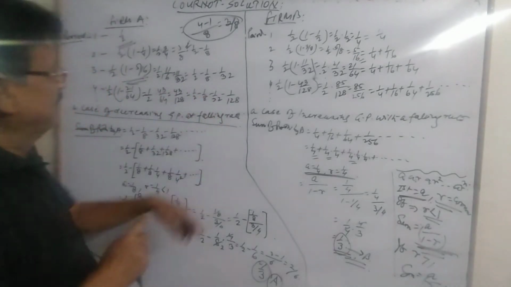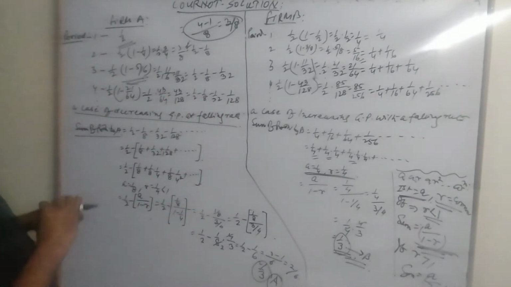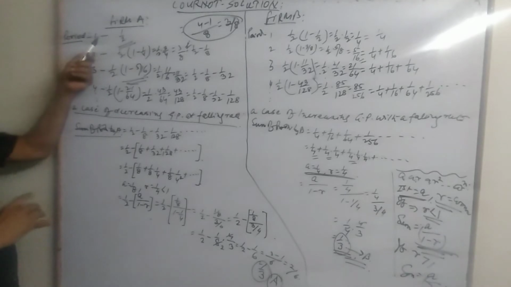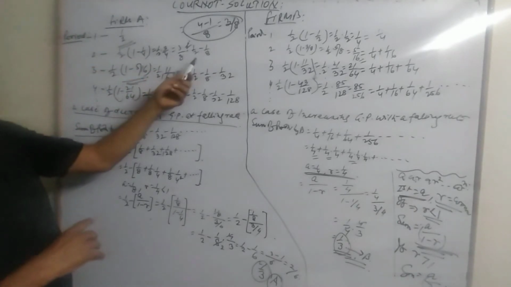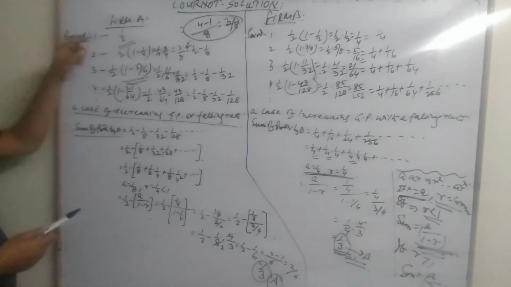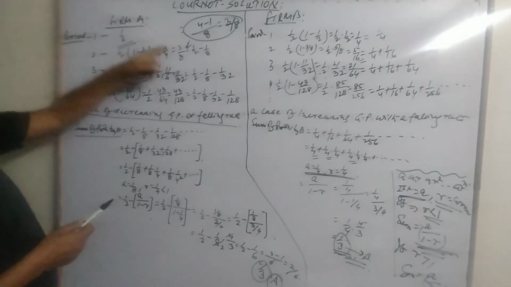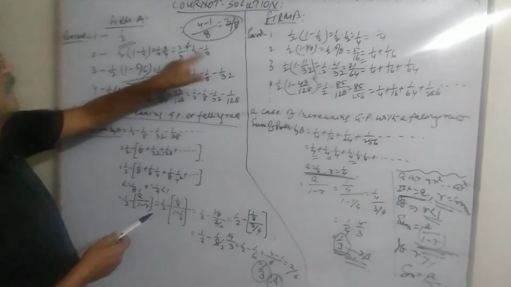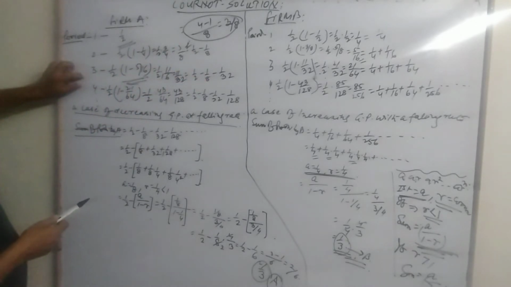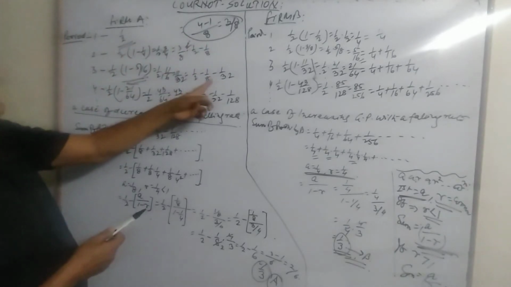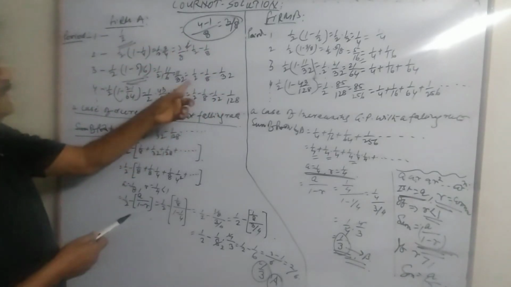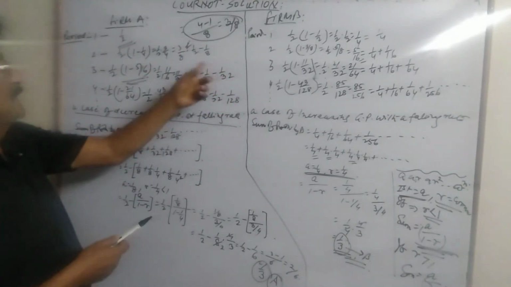Now let us see what is happening for firm A. For firm A, in every period there is a reduction in production. In period 1, it was half. In period 2, it was half minus 1 by 8. In period 3, once again it has reduced by 1 by 32. This is the total production of period 3.